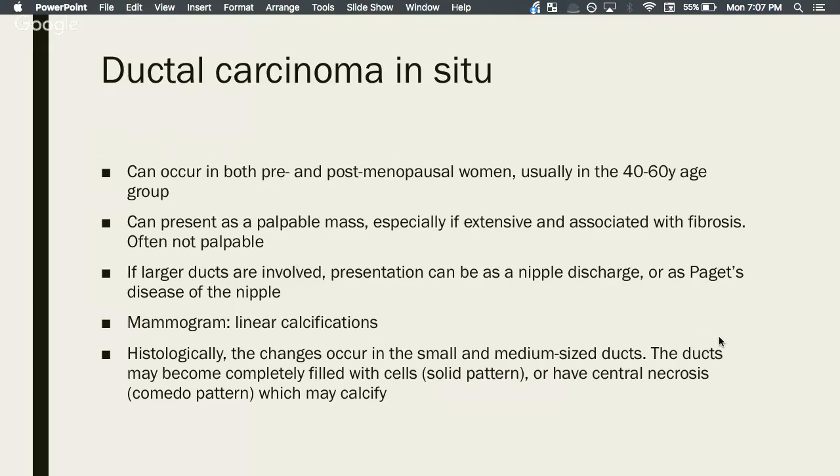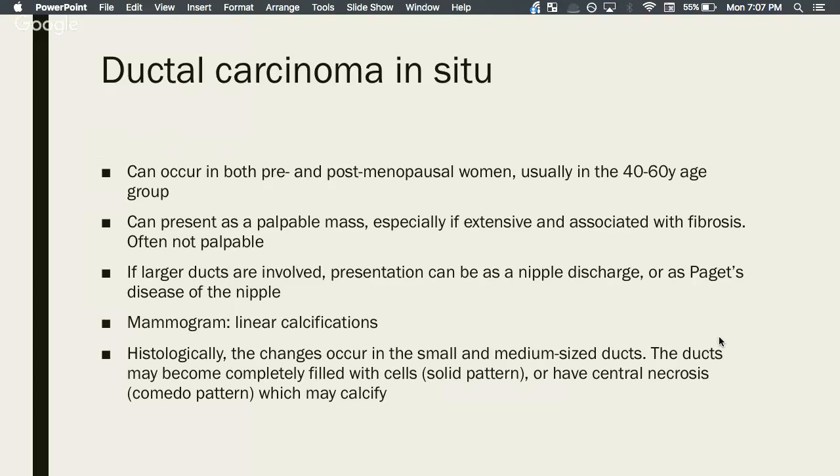Just talking about ductal carcinoma in situ, usually they're in the 40 to 60 age group and can present as a palpable mass, but they're often not palpable. They're only palpable if associated with fibrosis or if they're very extensive. If they're in larger ducts, you can have a nipple discharge or Paget's disease.